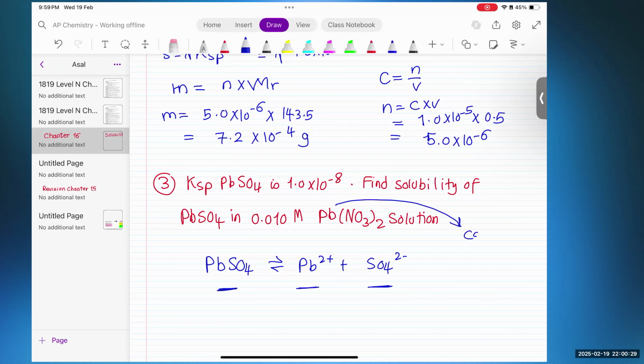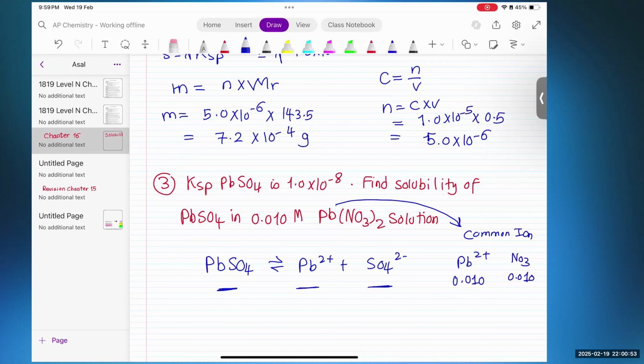So this one is the common ion that's also available from the lead nitrate. When the lead nitrate broke down, it broke down completely because it's a strong electrolyte. So it gives me 0.010 molars of lead and 0.010 molars of nitrate, which we don't need anyway.